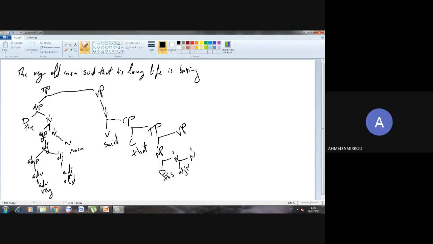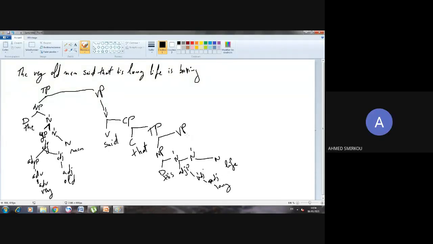Very good, because the adjective phrase is simply an adjunct, so it must be sister to N bar, dominated by N bar. So adjective bar, an adjective, long. And from this noun, life.